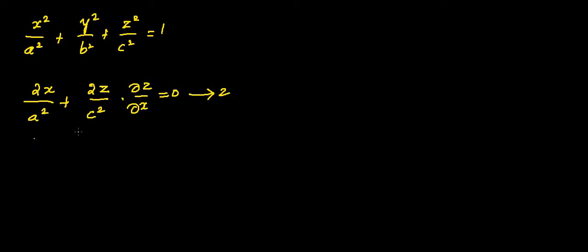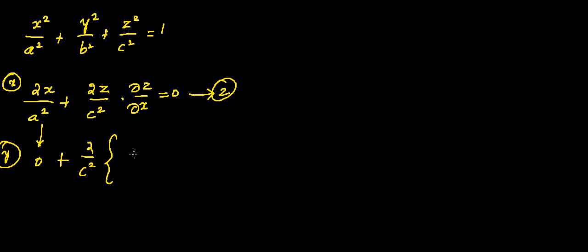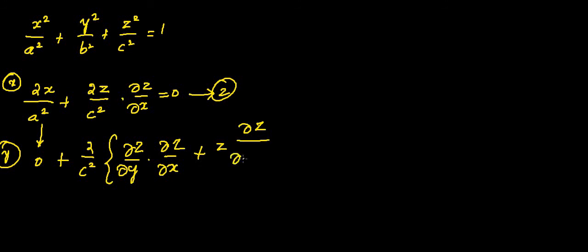Okay. Now if we differentiate equation number 2 with respect to y, the first term becomes 0, and 2 by c square is constant which is coming out, we get dou z by dou y into dou z by dou x plus z into the derivative of dou z by dou x with respect to y, is equal to 0.